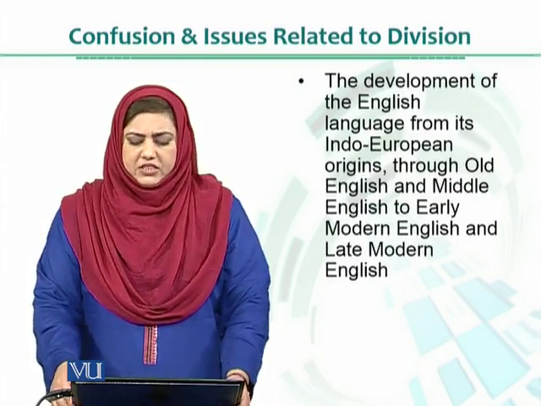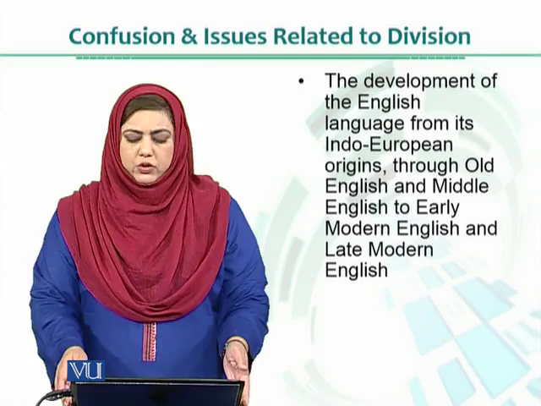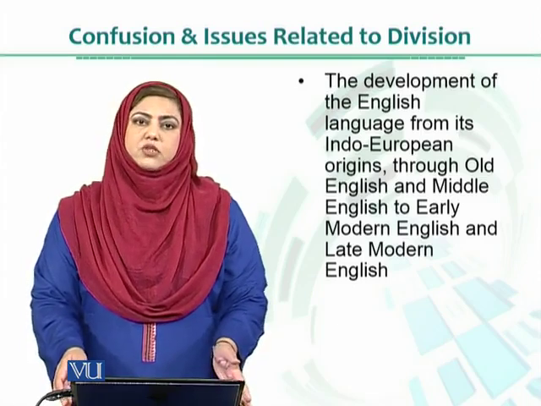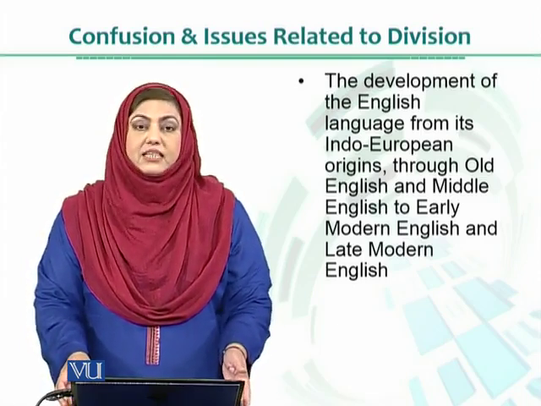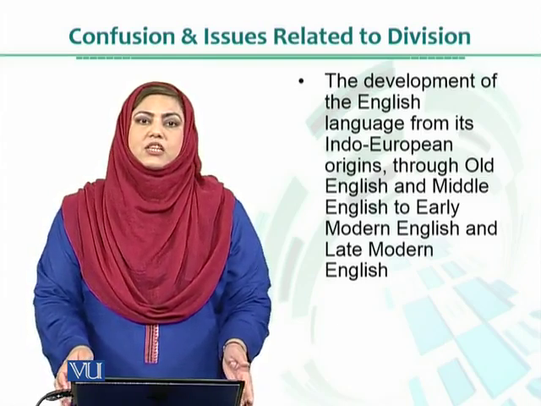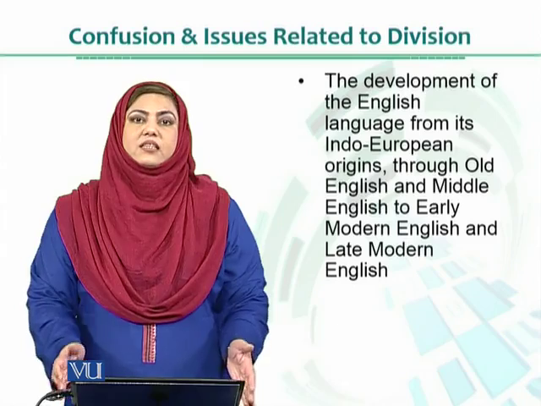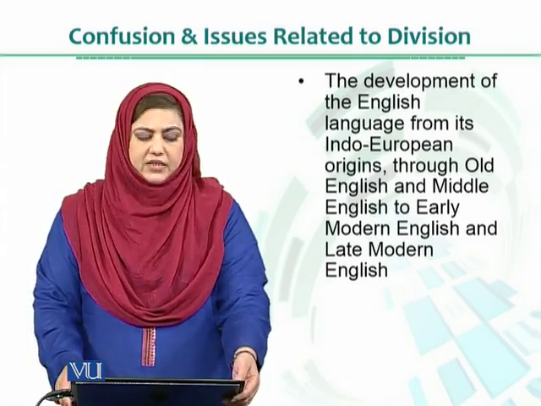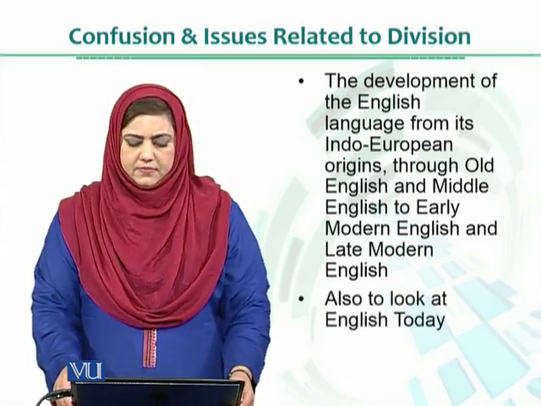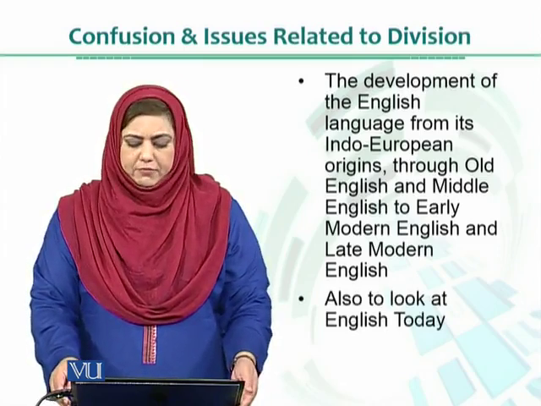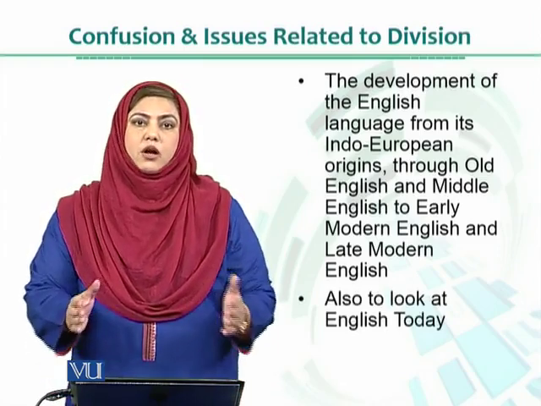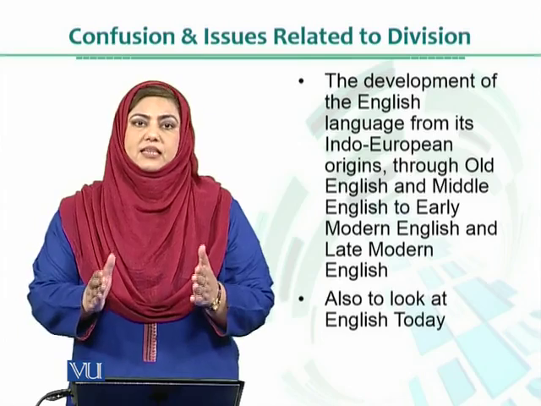Well, the development of the English language from its Indo-European origins through Old English times to Middle English times, leading towards Early Modern English and then Late Modern English times, is the general sequence of divisions that most of the linguists have made. Also, many of them have looked at it synchronically, by looking at it as English today.